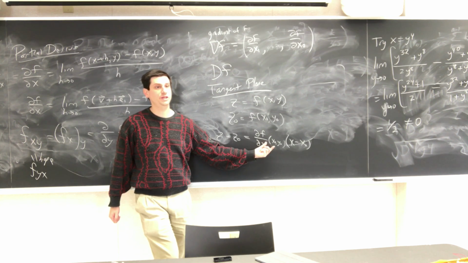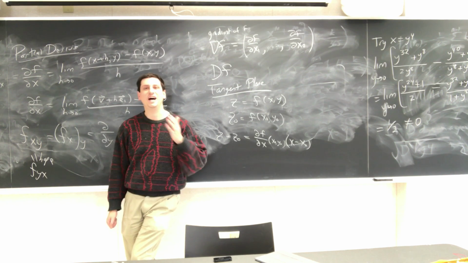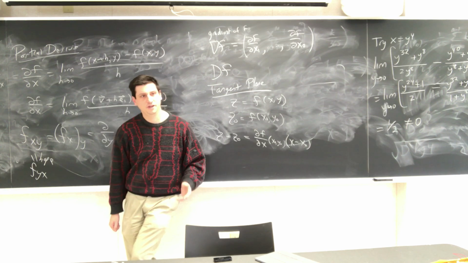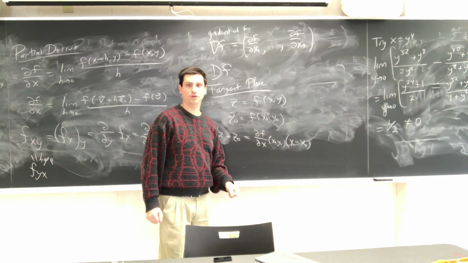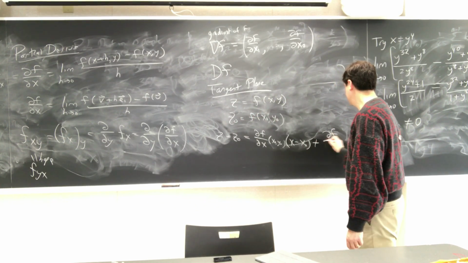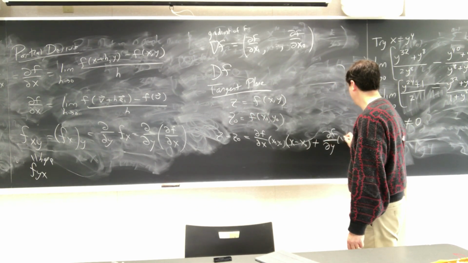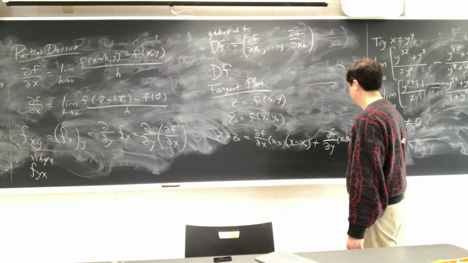That's what we did earlier when we did the birthday problem. Well, instead of considering y constant, I could consider x constant. And then all that would change is this would become a df dy, y minus y naught. So the very natural guess for the tangent plane, df dy at x naught, y naught, y minus y naught.